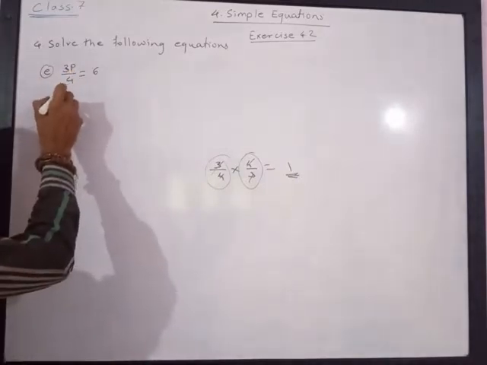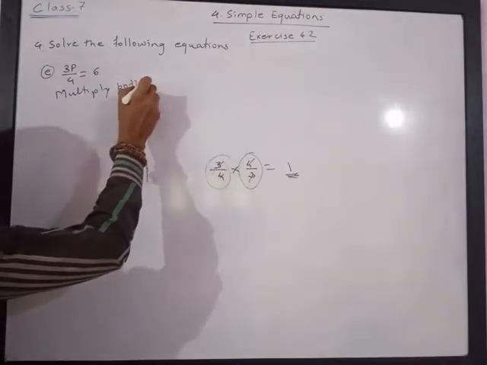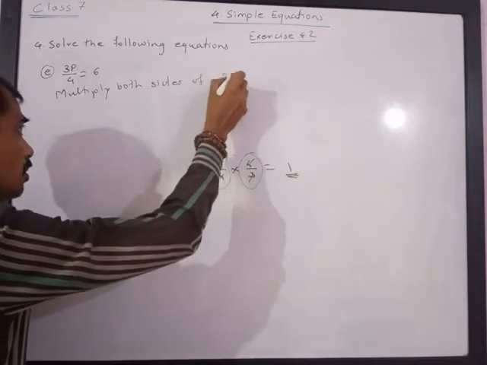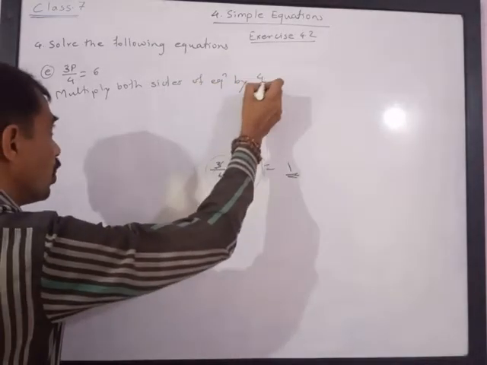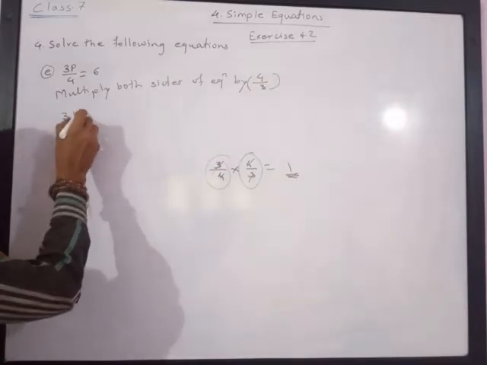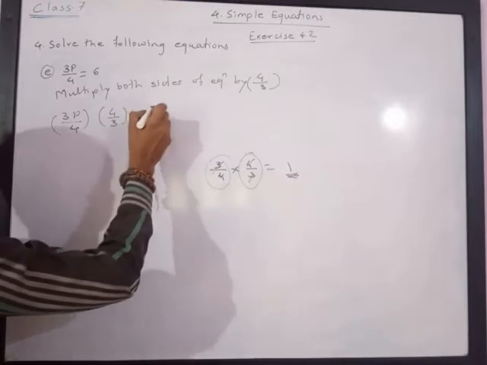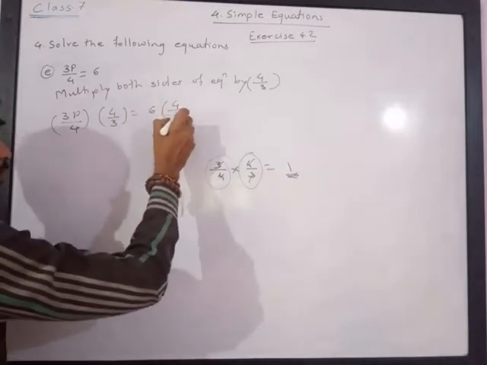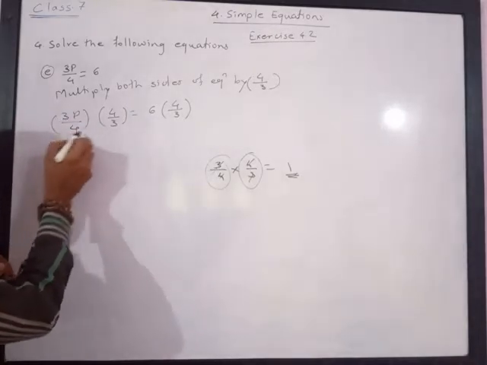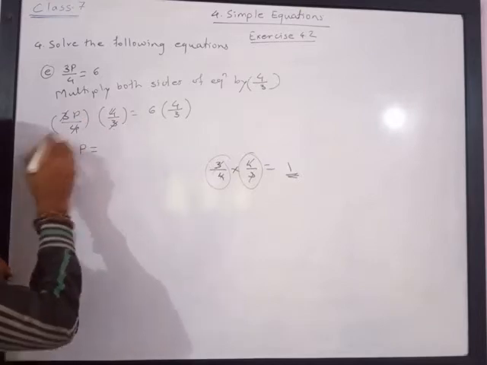So multiply both sides of the equation by 4 upon 3. We will get 3p upon 4 multiplied by 4 upon 3 is equal to 6 multiplied by 4 upon 3. Now this 3 eliminates this 3 and 4 eliminates 4, so you will have only p on the left hand side.